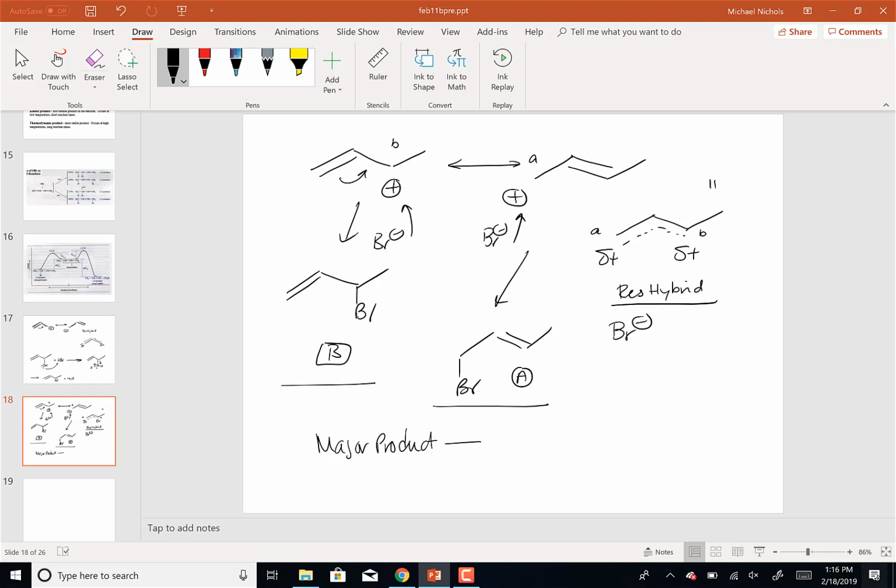Do you think A or B? So this one's going to be the most stable product. Okay, your time is up. Let me ask again. Let me ask around. Casey Lindstrom. What do you think? B?